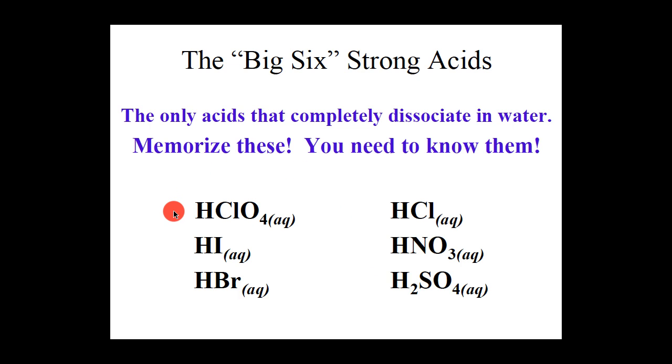Sometimes regular chloric acid is also considered to be a strong acid. That would make 7. You need to memorize these and know that they all form the strongest of electrolytes in solution. Any other acid that is not on this list, or chloric acid, is considered to be a weak acid and does not completely dissociate.